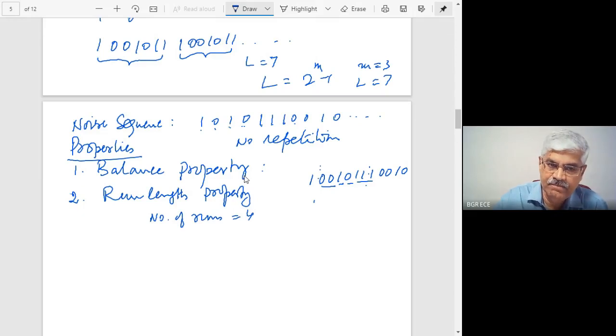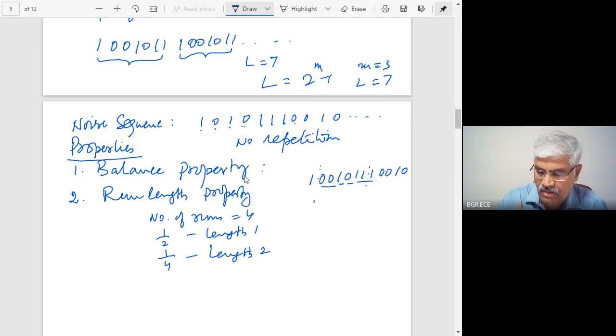Then it says that 1/4 of the number of runs are of length 2. The number of runs is 4, half of them having length 1, and 1/4 of them have length 2. 1/4 of 4 runs is 1 run, so 1 run will have length 2.